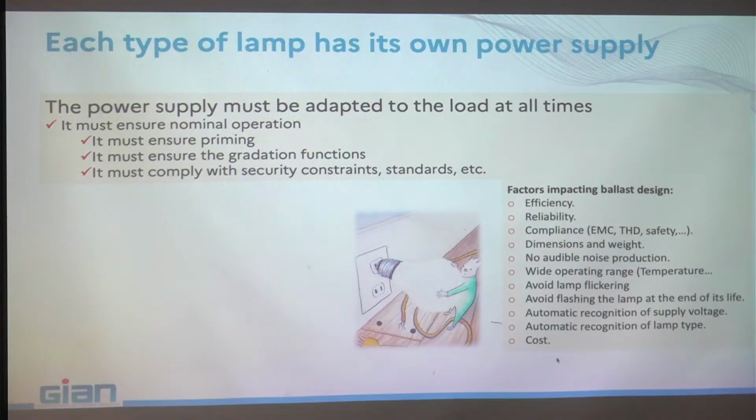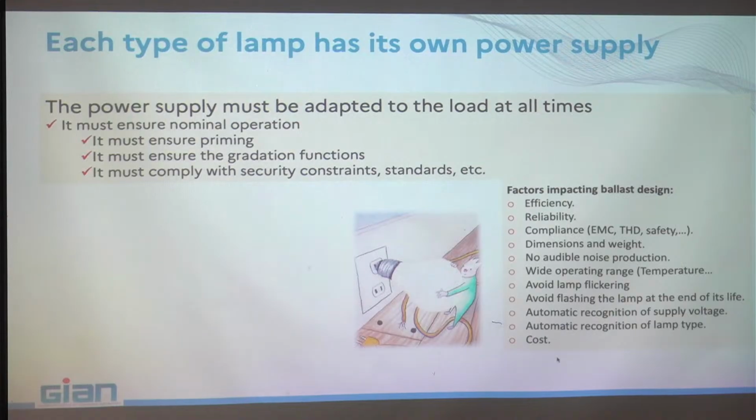The first one is the efficiency: how much energy you input to the ballast, how much energy gets sent to the lamp. The reliability. This is very critical, especially with LEDs, because the LED itself has most probably a much longer lifespan than the ballast. Compliance: electromagnetic compatibility, or standard IEC 61000 concerning the total harmonic distortion.